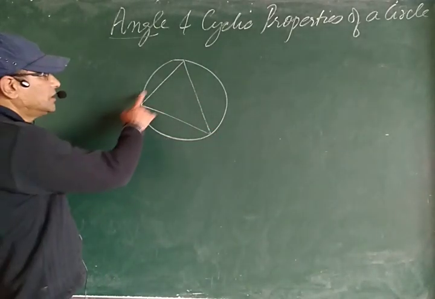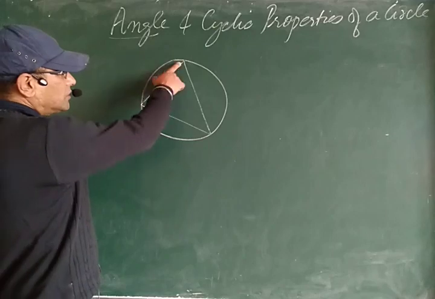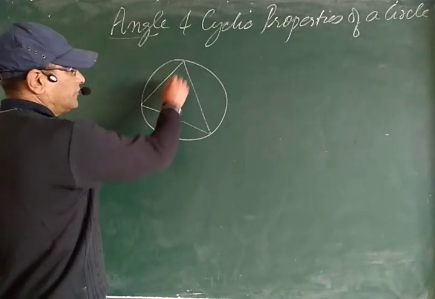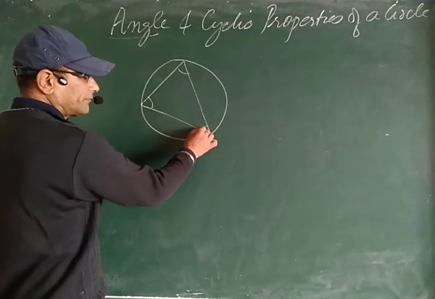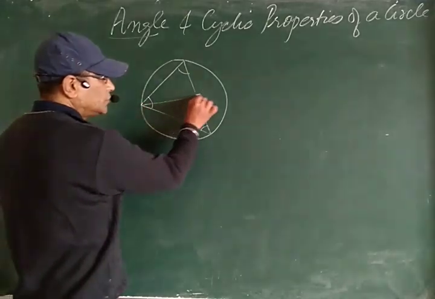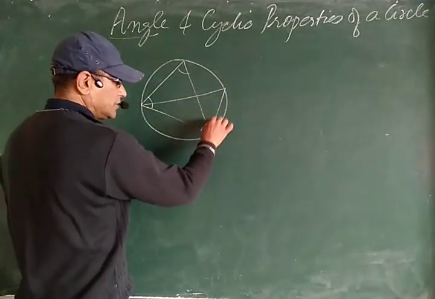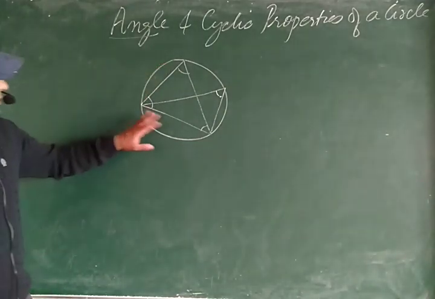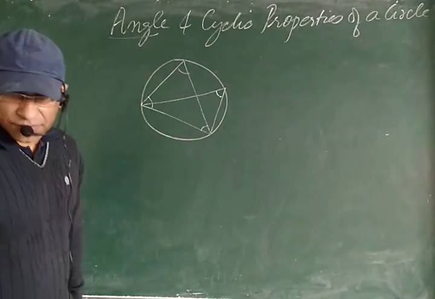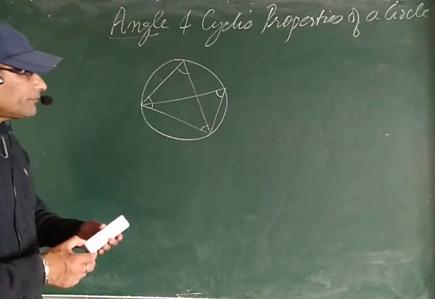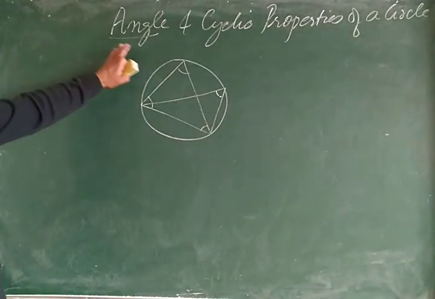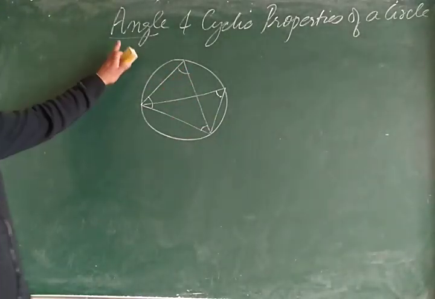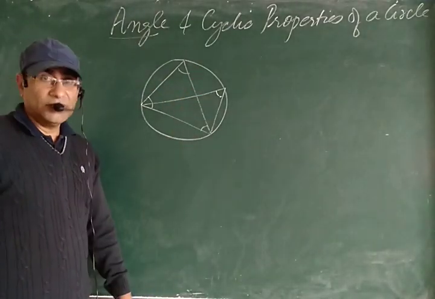Let us suppose the chords meet at these points on the circumference and angles are formed over here. Likewise, if you draw another chord touching the other chord, one more angle is formed. So there are 4 angles I've drawn which have been formed in the circle. So we are going to deal with these types of questions here. So that is angle properties of a circle.